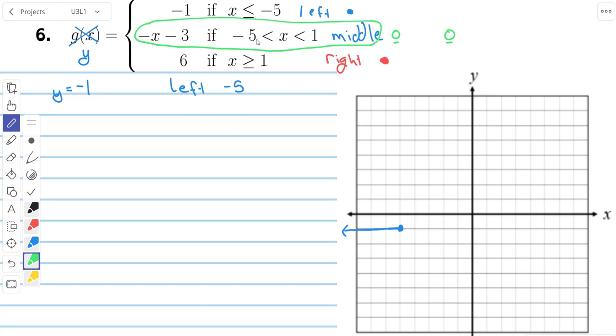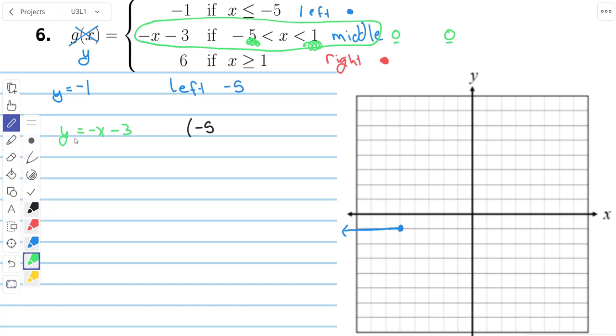Now, let's take our middle section, this green line. We have 2 values we need to test. We need to test that -5 and we need to test the 1. So my first one I want to test is whenever it's -5. And so my equation was y equals -x minus 3.